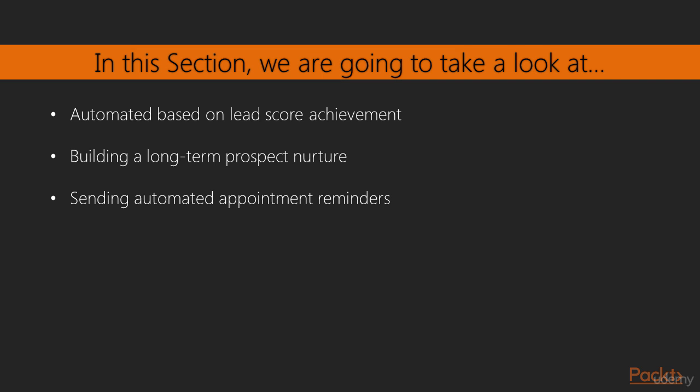And the next thing we're going to look at that's a tactic, and it's something you're probably familiar with, is the idea of a long-term prospect nurture. So this is where you have someone that you're not necessarily actively pursuing in the sales process, but they're not totally a lost or a dead lead. We can create automated emails that go out over a long period of time to help keep you top of mind.